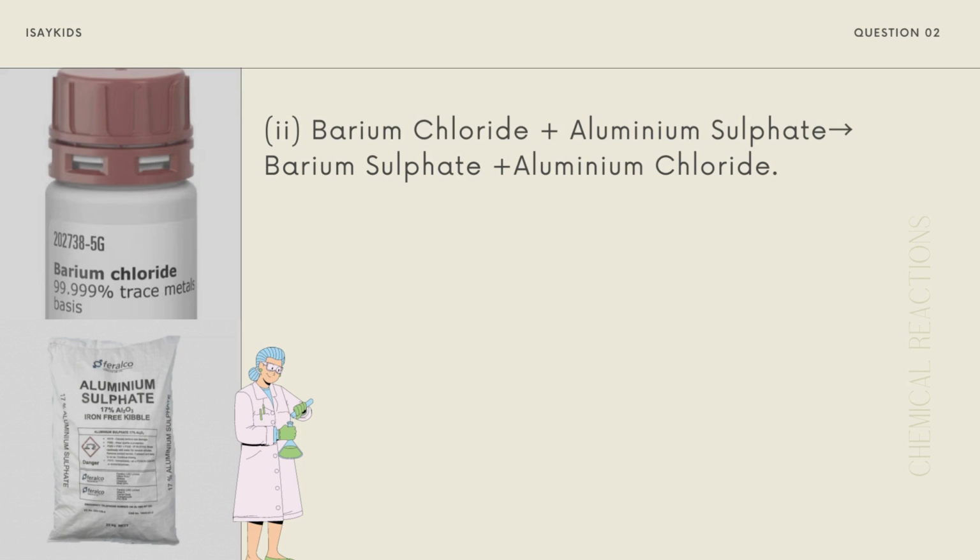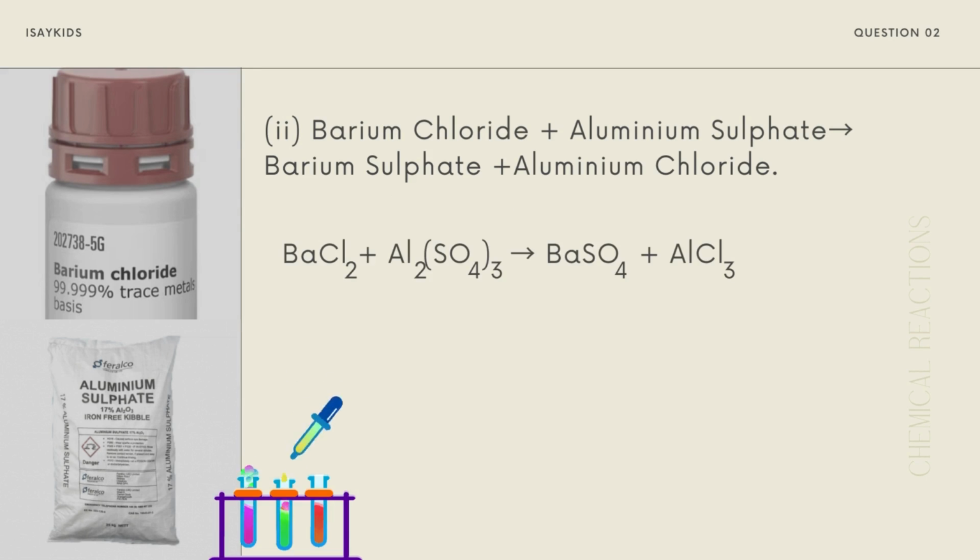Barium chloride plus aluminum sulfate gives barium sulfate plus aluminum chloride. Now the skeletal reaction is barium chloride plus aluminum sulfate, which is BaCl2 plus Al2(SO4)3 gives BaSO4 plus AlCl3.